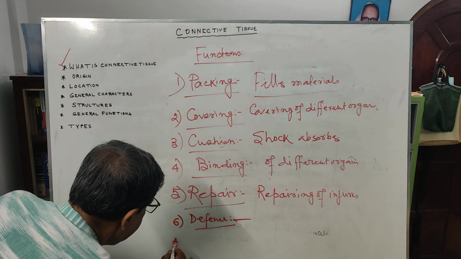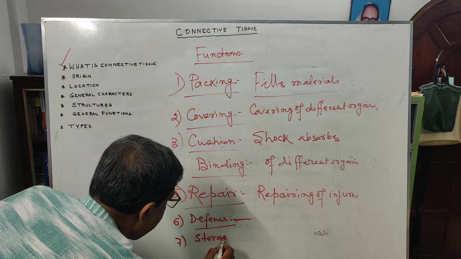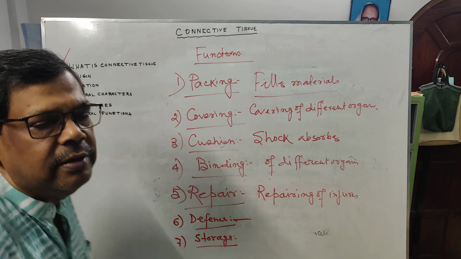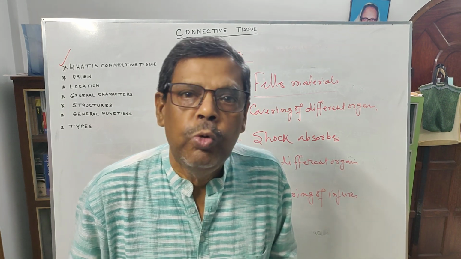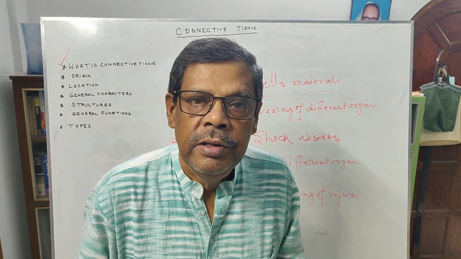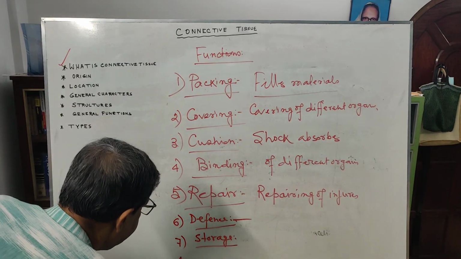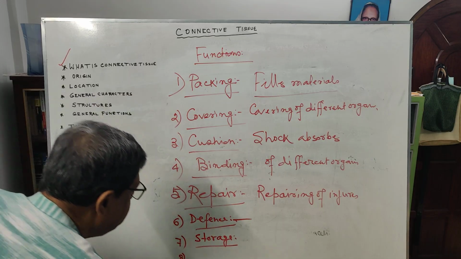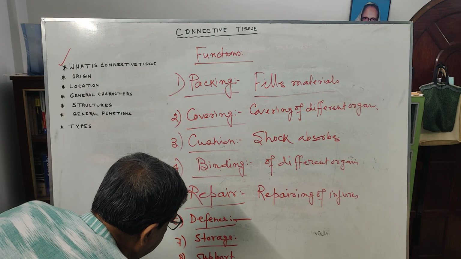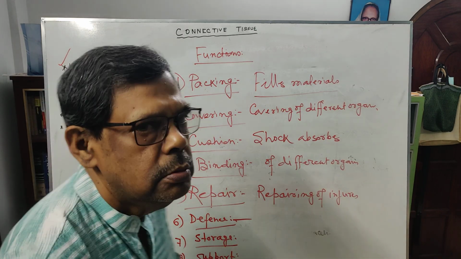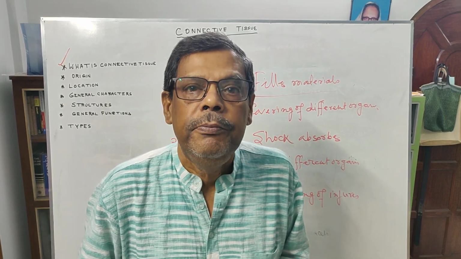Next, number 7, storage. Fat cells of adipose tissue store fat in our body. Number 8, support. Bone and cartilage perform the supporting function of our body.